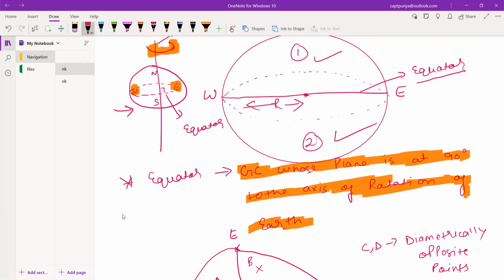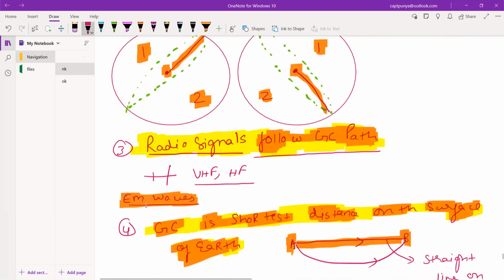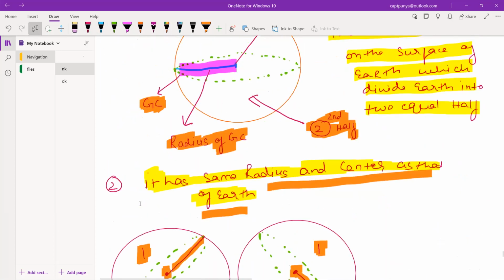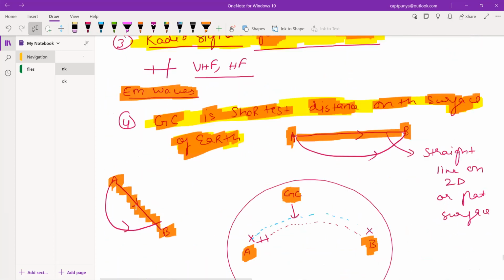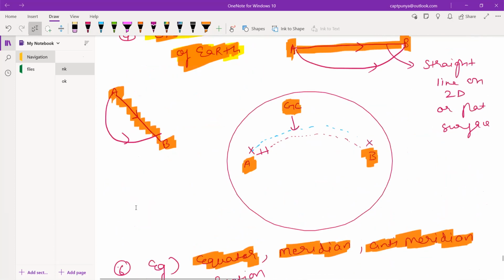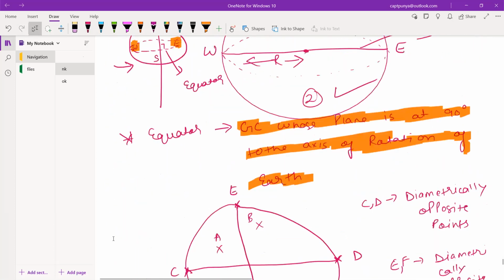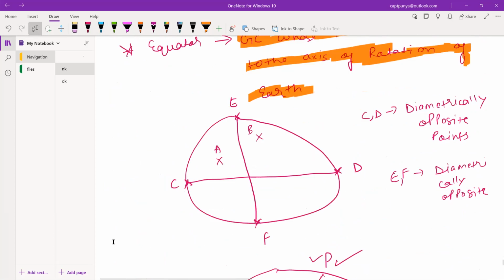So guys, please go through all the points of the great circle, all the notes, because these 4 5 points I have told you today, they will come as a 1 mark or a 2 mark question in your DGCA exam. And this is just the basic, so I want your basic foundation to be good.